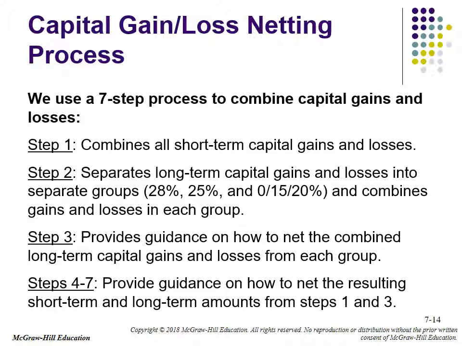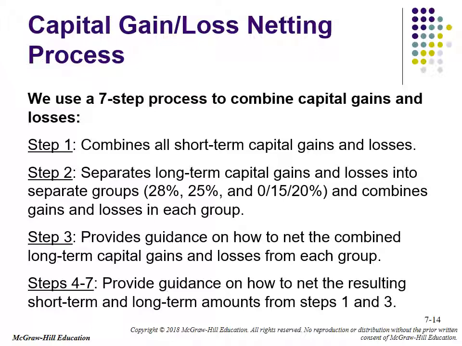If step 1's outcome is a net short-term capital loss and step 3 results in a net gain, you will use your short-term capital loss to offset the gain in any 28% rate group long-term capital gain if you have one, then 25%, and then the 0, 15, or 20% group.